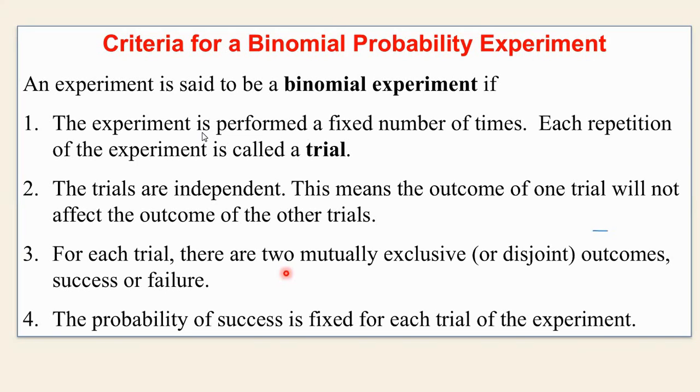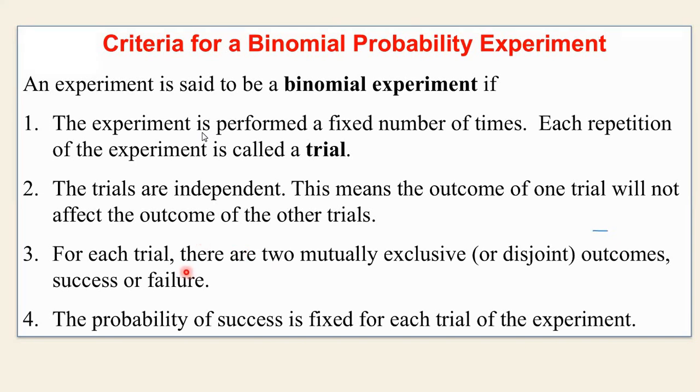Similarly, another example: testing or examining whether the item is defective or non-defective. So whatever experiment has only two outcomes, and those two outcomes are mutually exclusive, then that is a perfect example for a binomial random experiment.